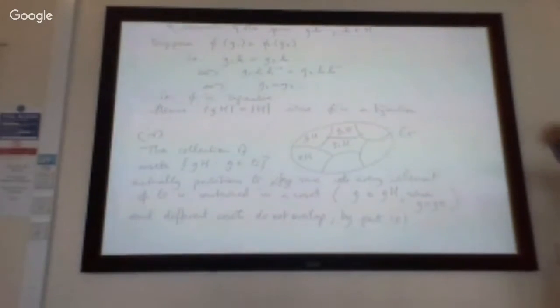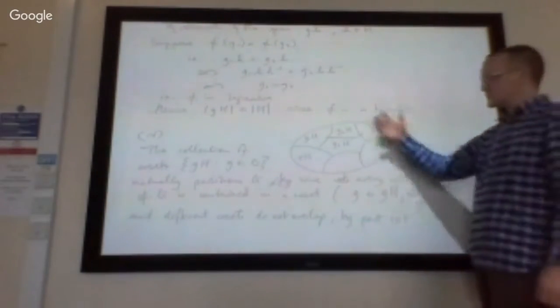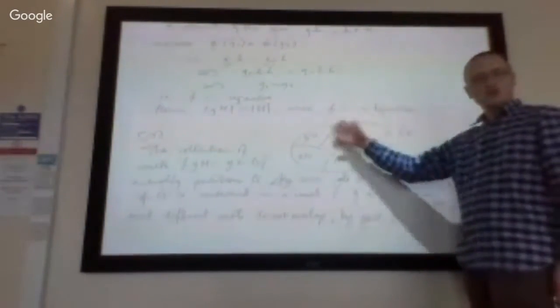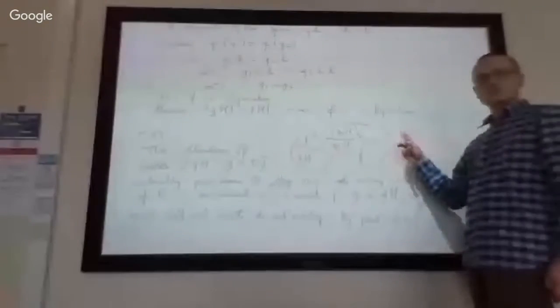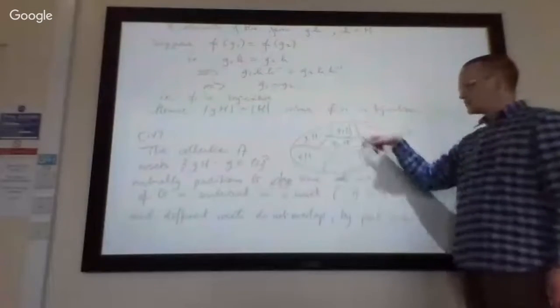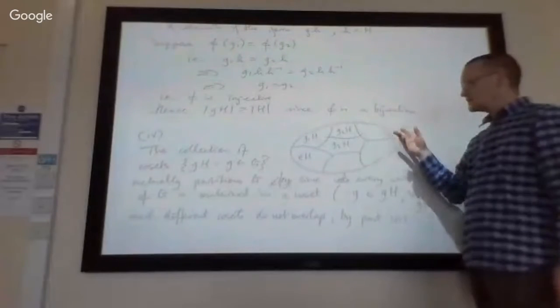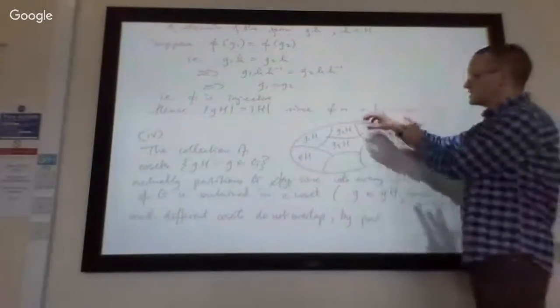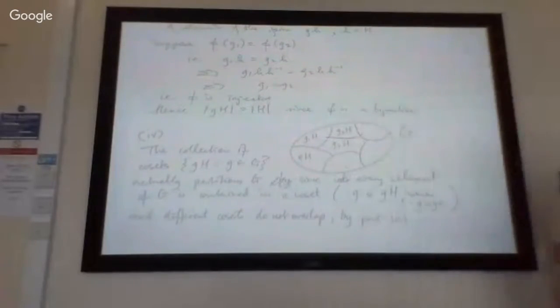Okay, so that sets up the partition. That's the two points about partition. A partition of a set is a system of subsets which covers the whole set, so every element of the whole set is located somewhere in this picture, and the different subsets do not overlap.